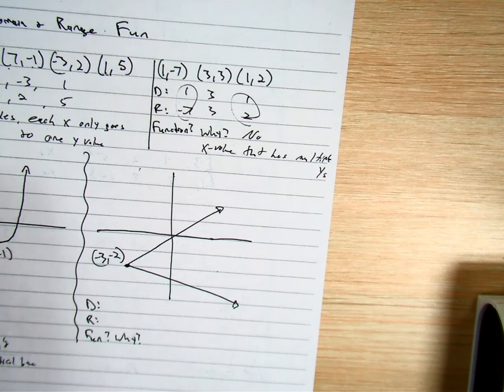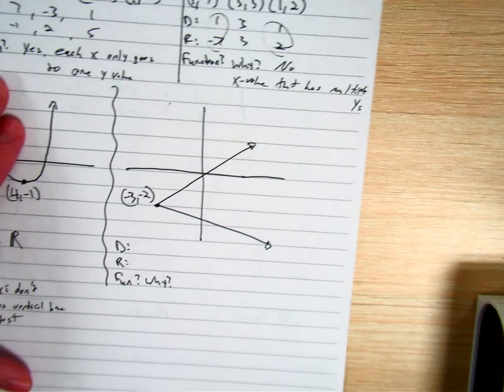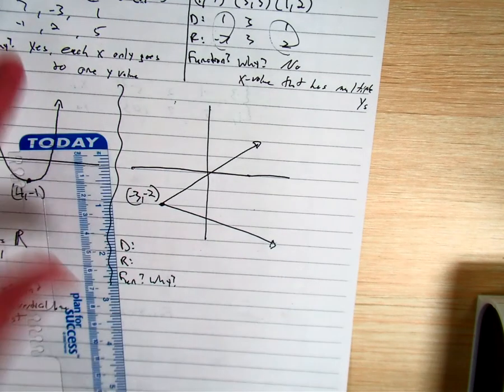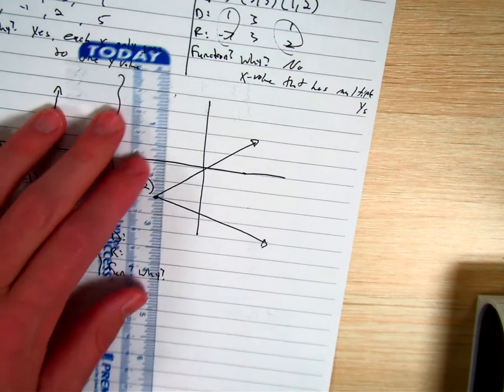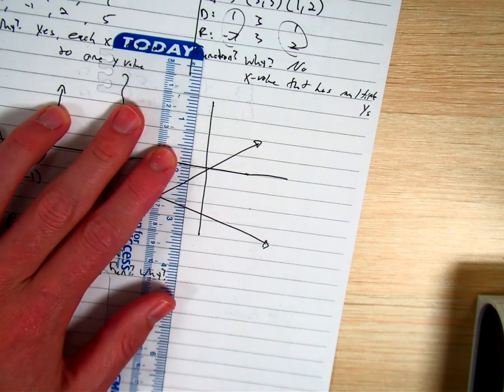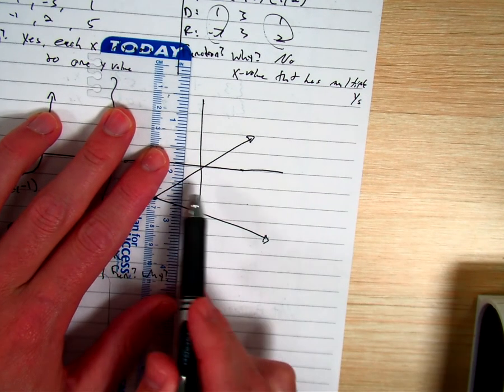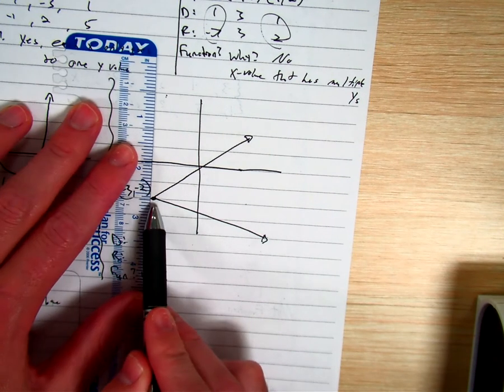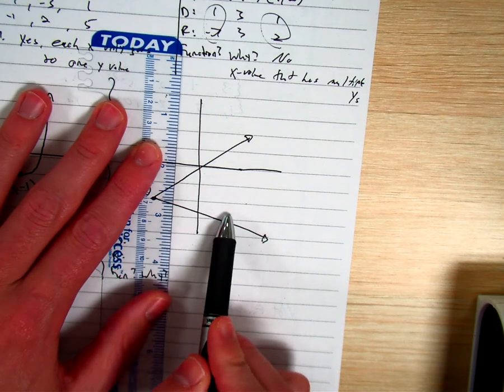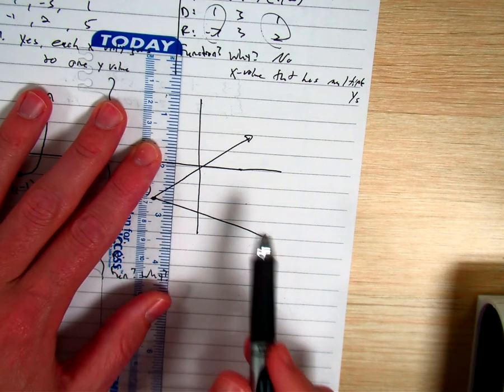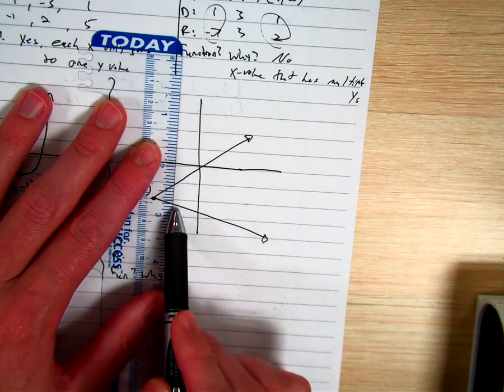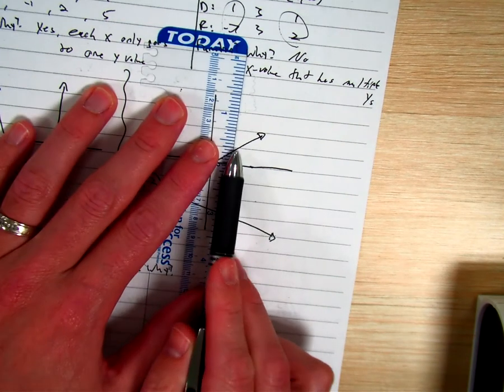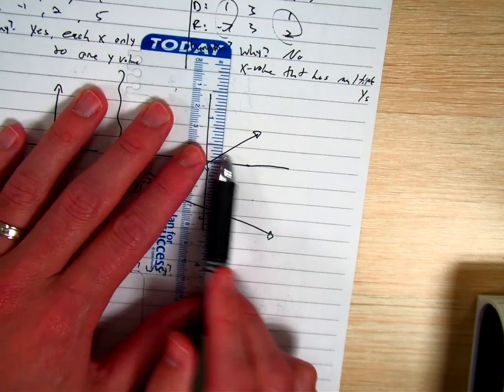Let's come over here to this other one. This is a sideways absolute value graph. Look at this. We're definitely hitting more than once. We're going to hit twice in a lot of spots. Right here is the only spot it would only hit once. It's going to hit twice here. So this x is going to have 2 spots. Boom, boom. This x is going to have 2 spots. Boom, boom. So this is not going to be a function.